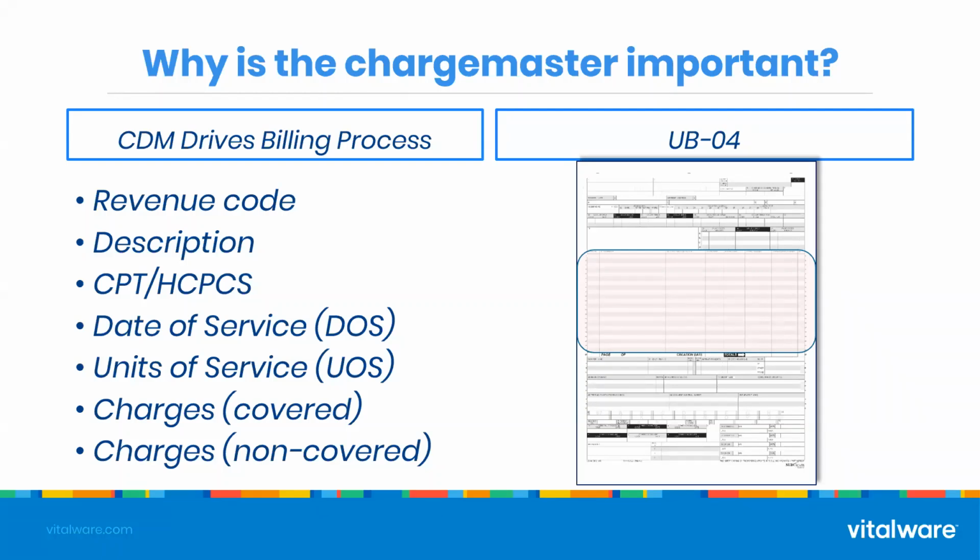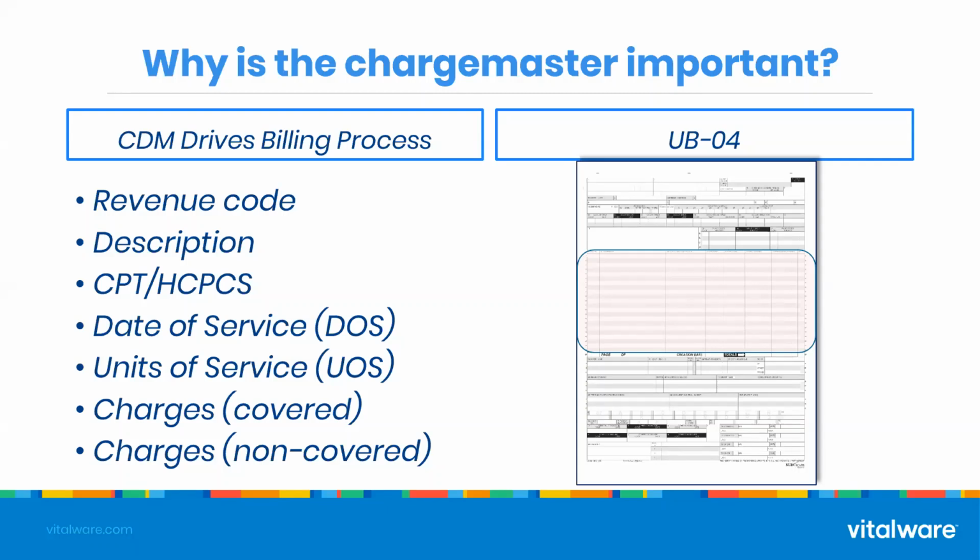I've shaded the middle section on the UB with a slight pink shading, and that's the area where all of the charges from the CDM populate. There are sections lower on the UB towards the bottom where the ICD-10 diagnosis codes and ICD-10 procedure codes populate. But that middle section is where the Chargemaster-driven things appear.